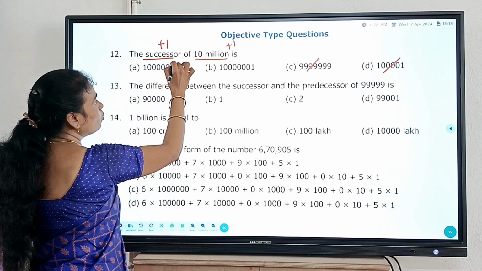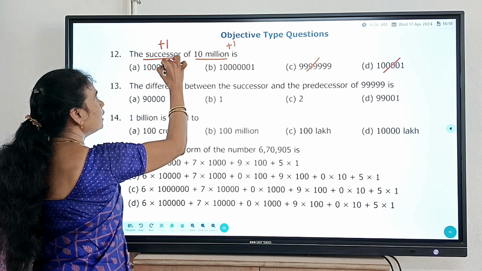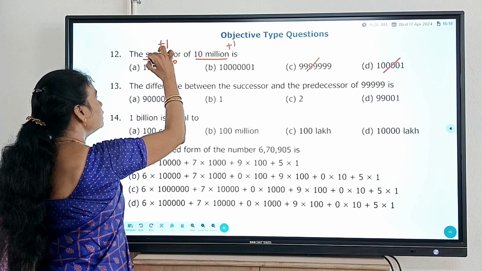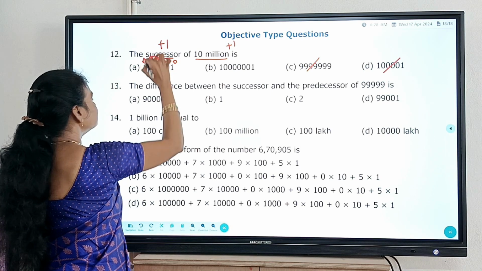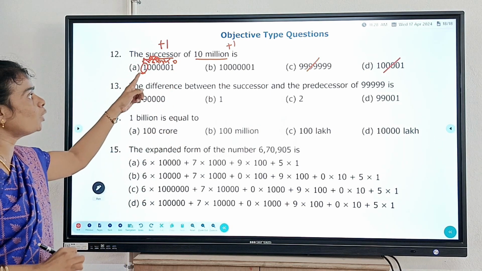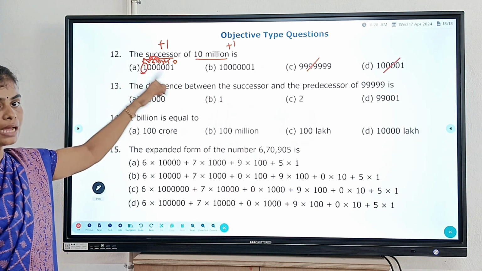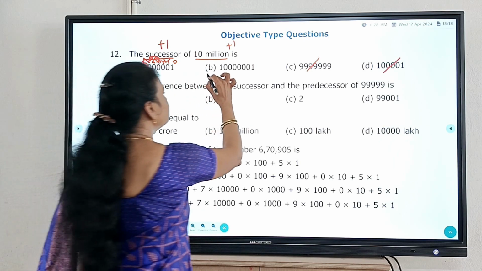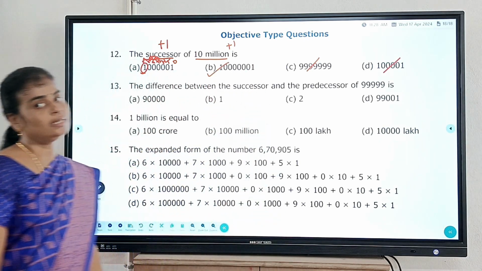So this is ones, tens, hundreds, thousands, 10,000s, 100,000s, millions. So here 1 is in the place of million. So this is 1 million and 1. But the answer that they are asking is 10 million and 1, and hence option B is the right answer.